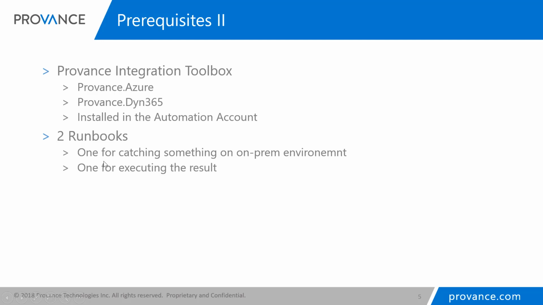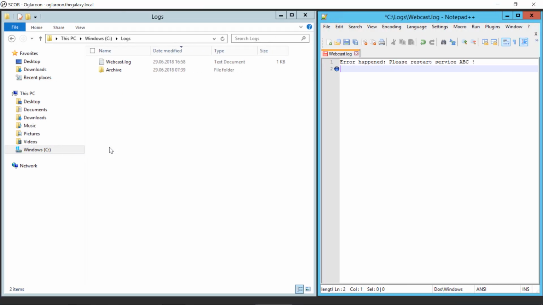And you need 2 runbooks. So a hybrid watcher is an agent running on a local machine, and it's waiting for something to do. And we have 2 runbooks here which are actually executing the steps. So before I explain the runbooks, we will simply simulate an action. In our case, we have a log file here called clog webcast.log, and it has 1 entry.